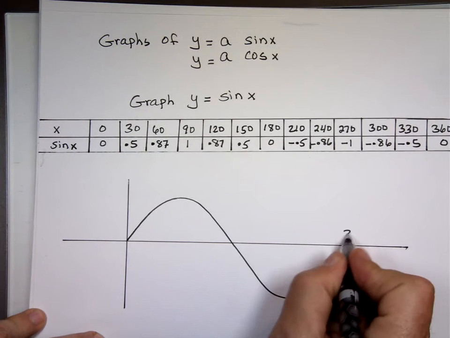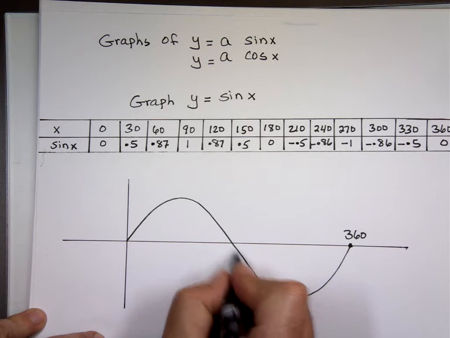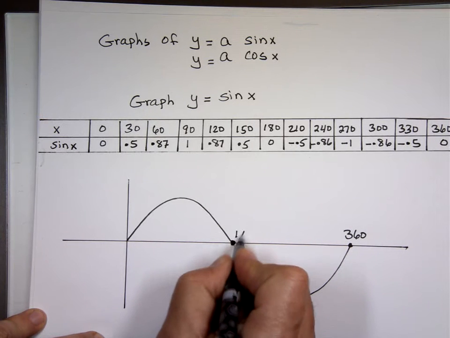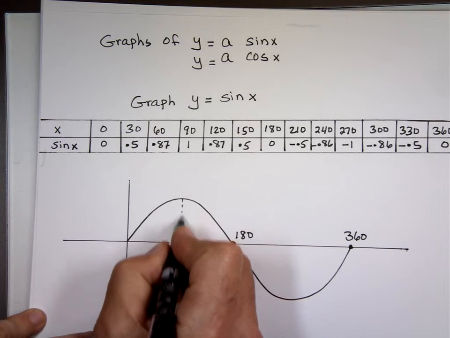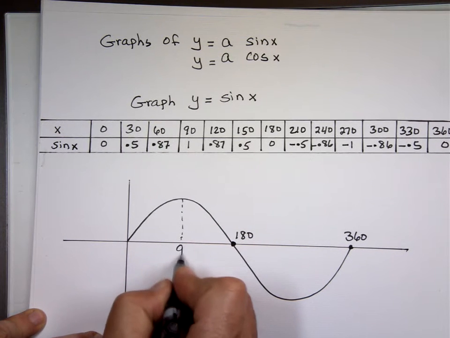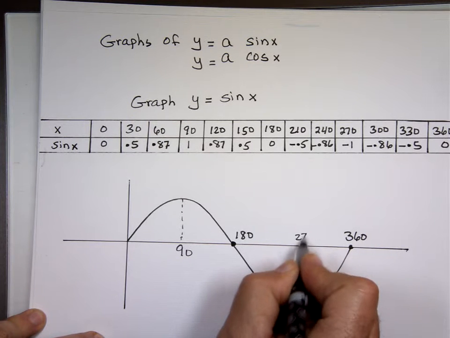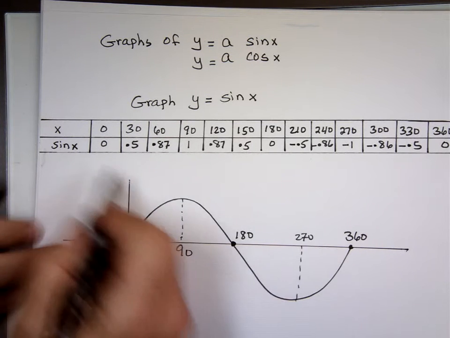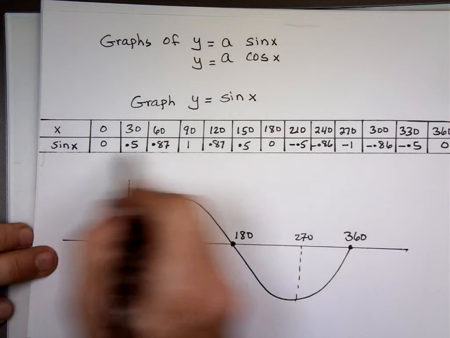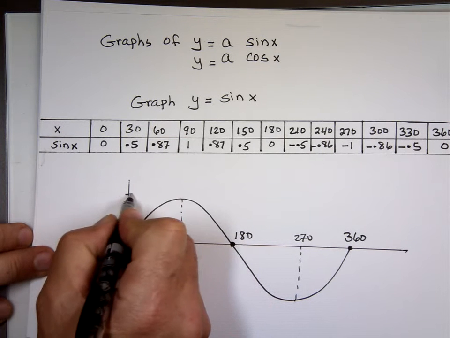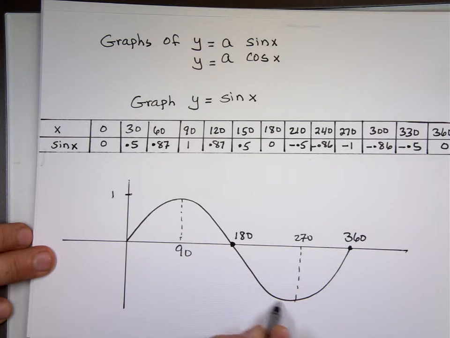That's the 360, this is the 180, this is the 90, this is the 270, negative 1. So how high does it go? What is the biggest y value that you see here? 1. So the maximum height is 1, and the lowest point is minus 1.